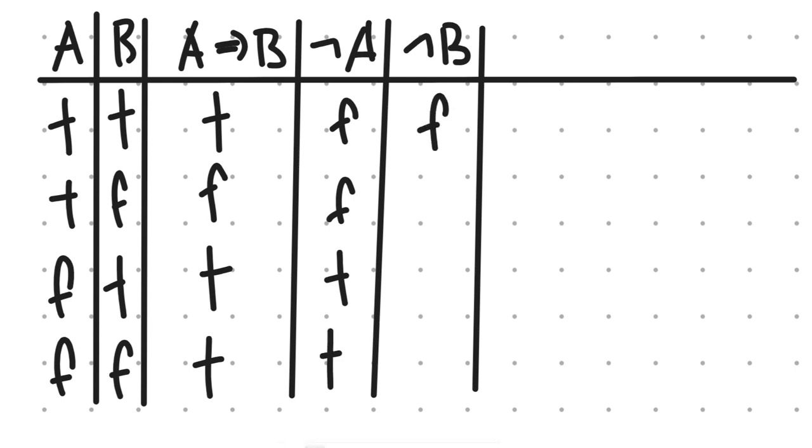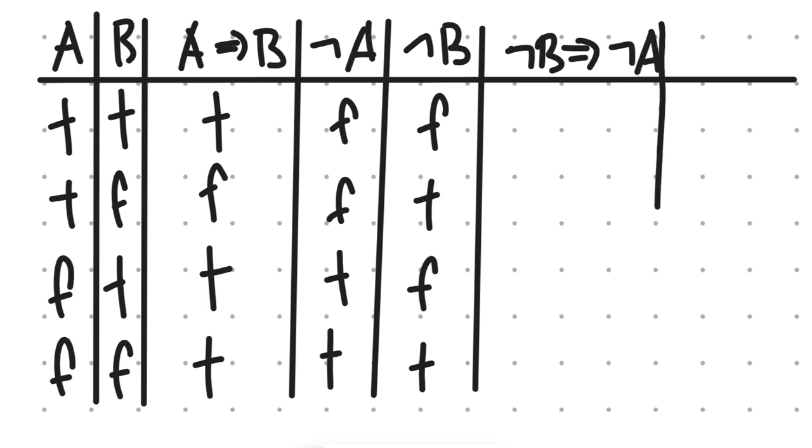So we can have false, true, false, true here. And then we can write not B implying not A. And we can show that this should be equivalent to A implying B. So if something false goes to something false, then we have the same on both sides.